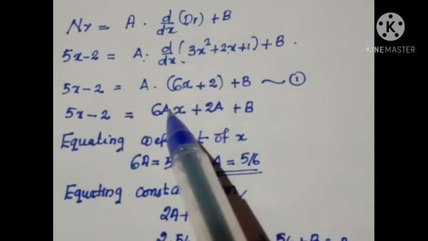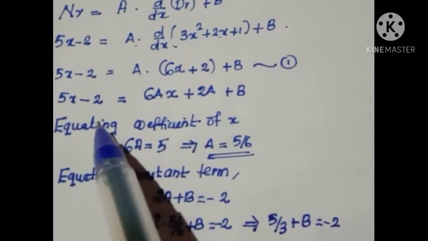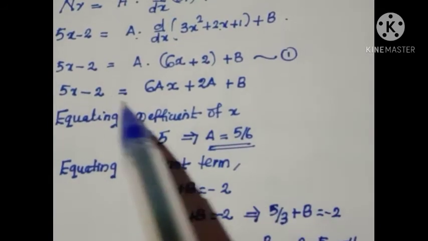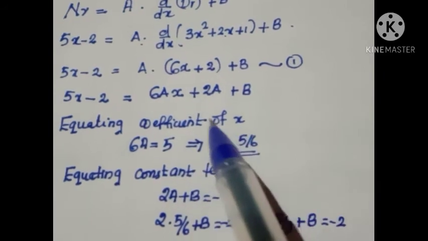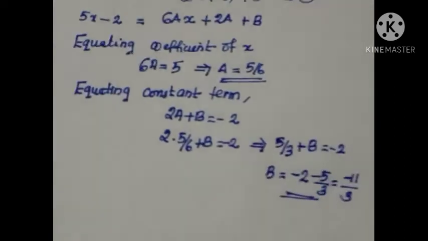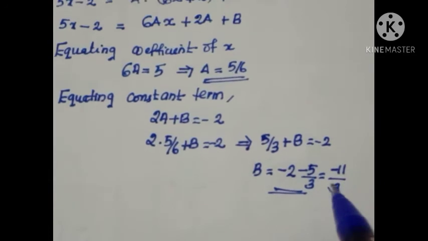Now we find a and b. Equating the coefficient of x, we get a equals 5 by 6. Then equating the constant term, we get b equals −11 by 3.